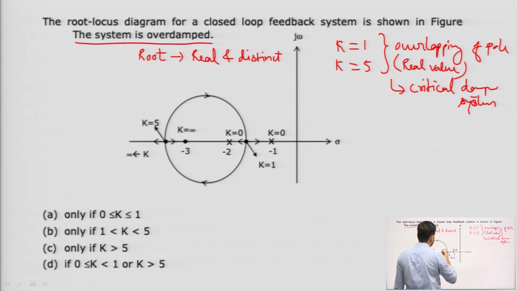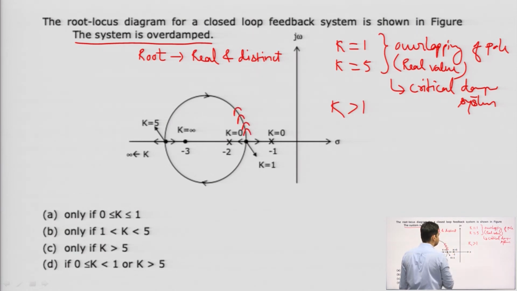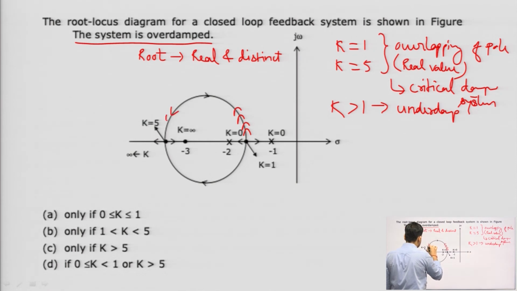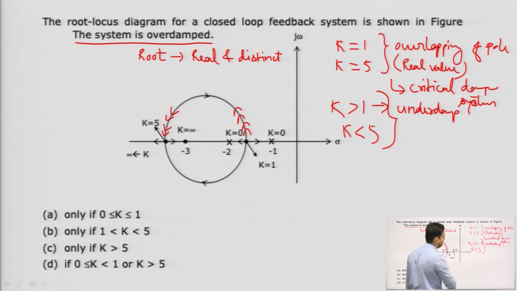Whenever my k is greater than 1, it is going into the imaginary region. It means it is underdamped, it is complex, and whenever my k is less than 5, because at k equal to 5 it returns back to the real axis, it will remain complex. So, this will be the condition of underdamped.